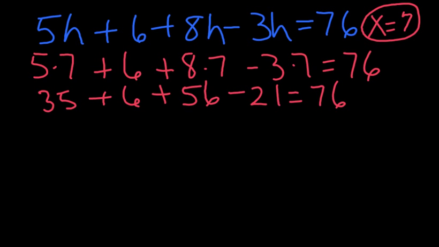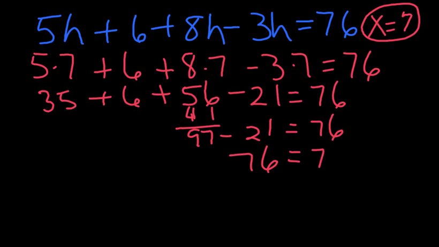Okay, 35 plus 6 is 41. 41 plus 56 is 97. 97 minus 21 is 76. Yep, that's 76. All right, 76 equals 76. Beautiful job.